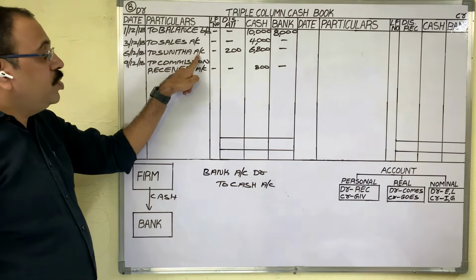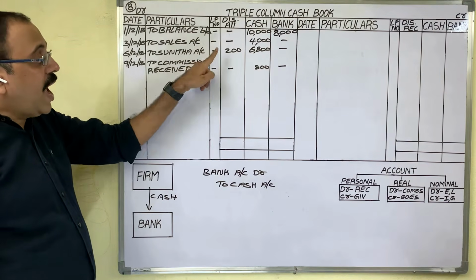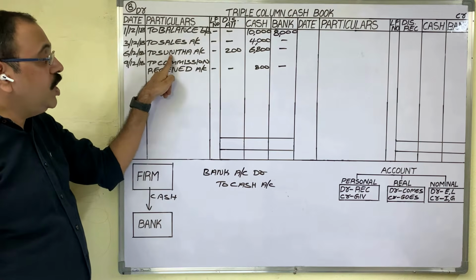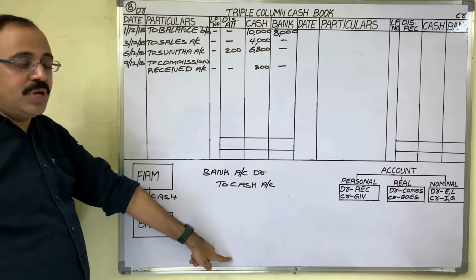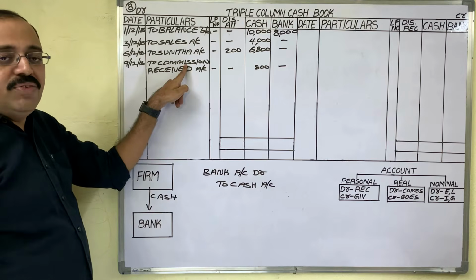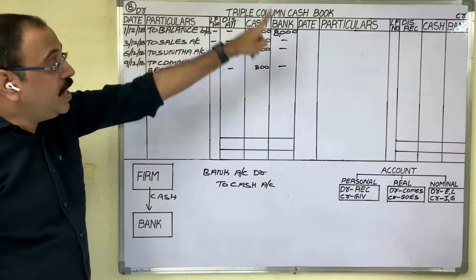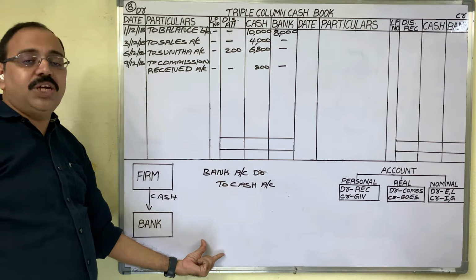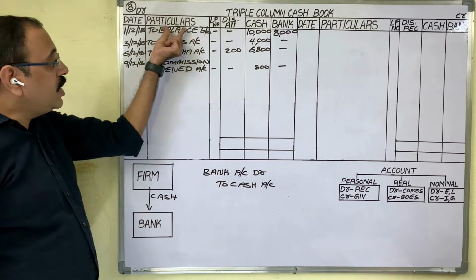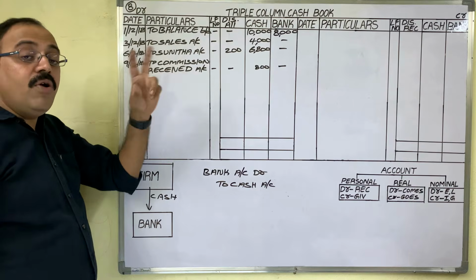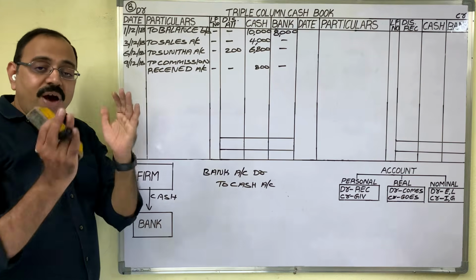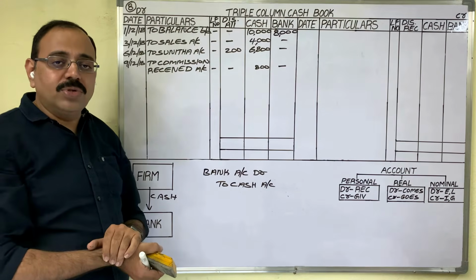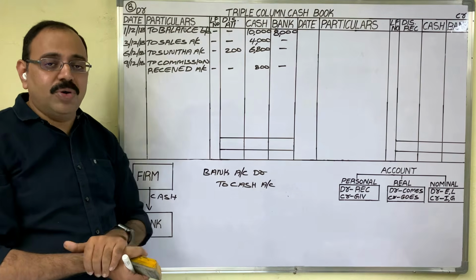Cash received from Sunitha, discount allowed. Cash and discount allowed we are showing in this book, but Sunitha account we prepare in ledger book. Commission received: cash account we are preparing in this book, but commission received account we prepare in ledger book. In case of other transactions, out of those two accounts, one account we are preparing in this book, another account we prepare in ledger book.